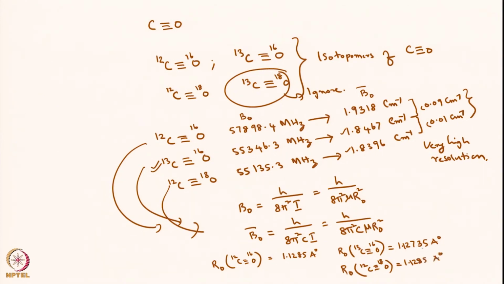I might have made some mistake here, you can recheck. So, this is how one can use rotational spectroscopy data to calculate the bond lengths. And one also has to calculate bond lengths of several isotopomers to get the statistically correct answer. We will stop here. Thank you very much.